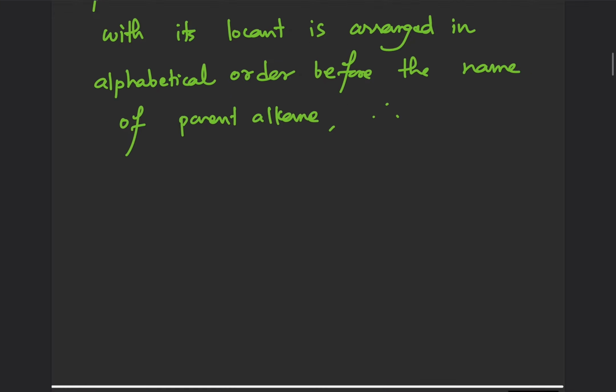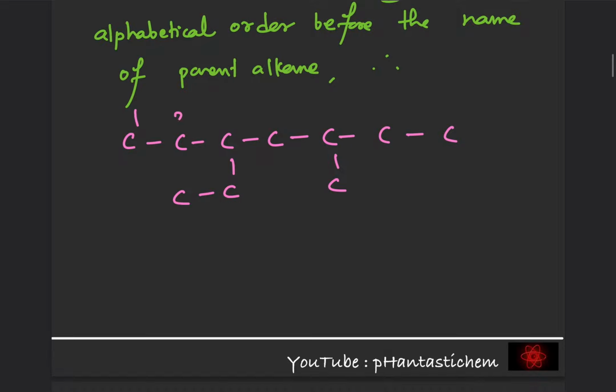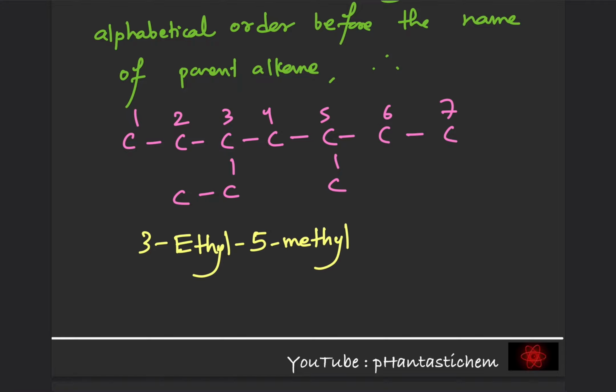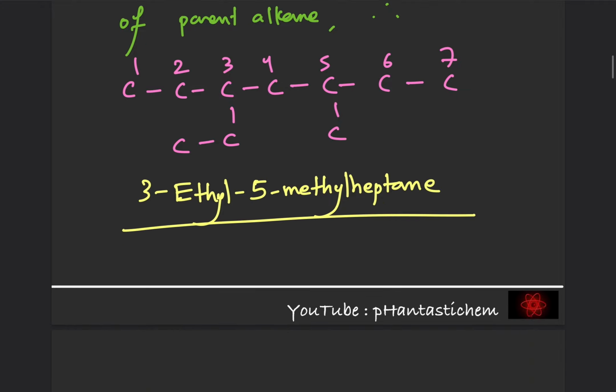So therefore the name of our organic compound is going to be, obviously, 3-ethyl will come before 5-methyl. So the name is 3-ethyl-5-methylheptane.